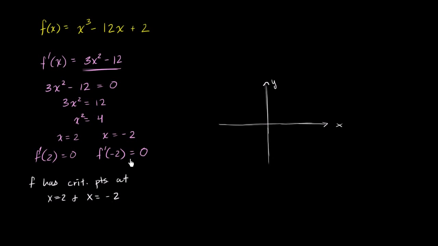And so we have critical points at x is equal to positive 2, so it's 1, 2, and x is equal to negative 2. So what does this derivative look like if we wanted to graph it? Well, when x is equal to 0 for the derivative, we're at negative 12. So this is the point y is equal to negative 12.